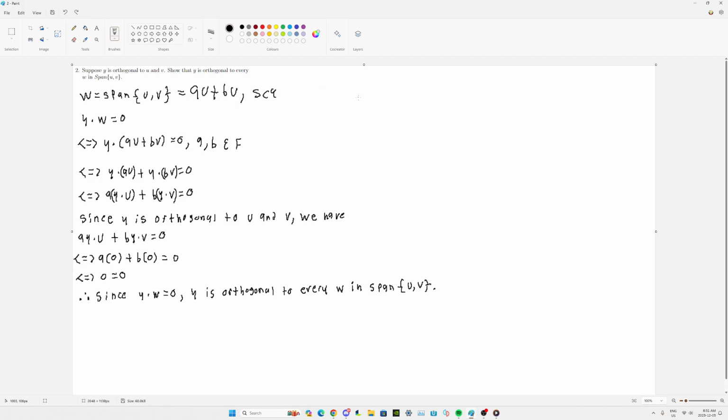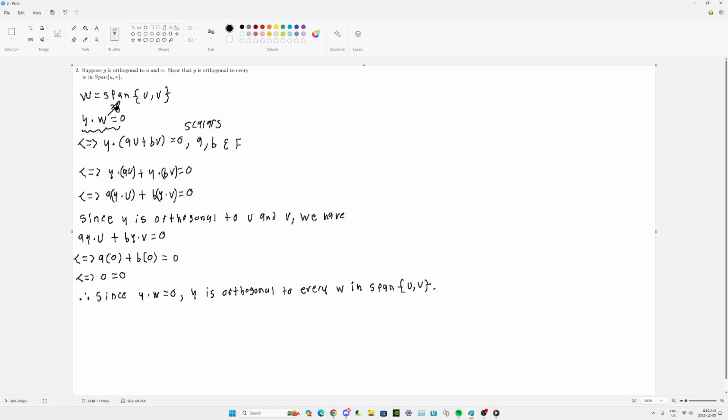So therefore, we've satisfied the first piece that we want. The second thing is show that it's orthogonal. Well, if we want to show that something's orthogonal, we want to show that the dot product of that pair is going to be equal to 0. Right? So from above, we have that w is equal to the span of this. Well, I just said that we have any linear combination of any scalars. So we can take that fact, bring it down here, so that we have y dot w, which is going to imply y dot (au plus bv) equals 0, for some a, b elements of a field, such that they are scalars.